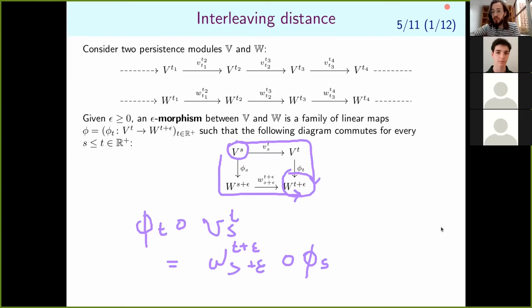Persistence modules are not just a collection of vector spaces, right? This is a collection of vector spaces plus maps between them. This is how you track cycles. This is how you understand persistence. If I had only the morphisms, this would not be compatible with the persistence structure. So we need these commutative diagrams.